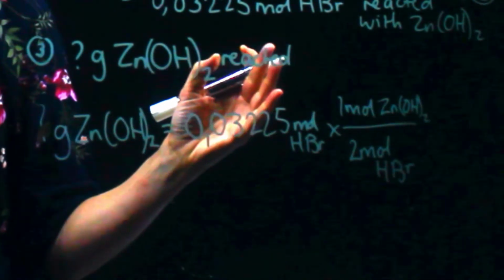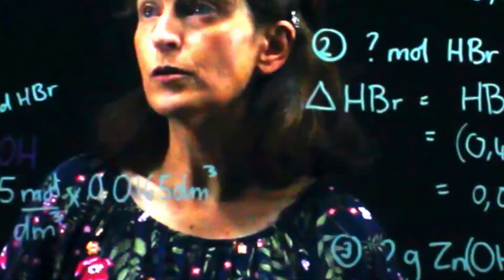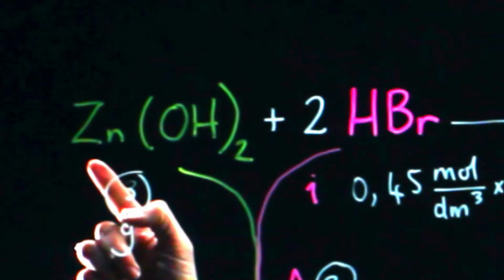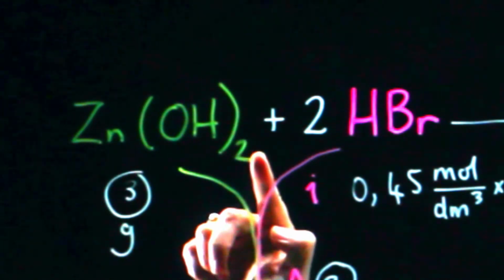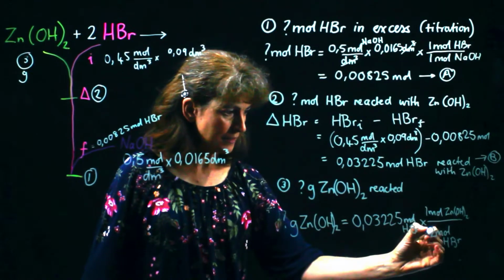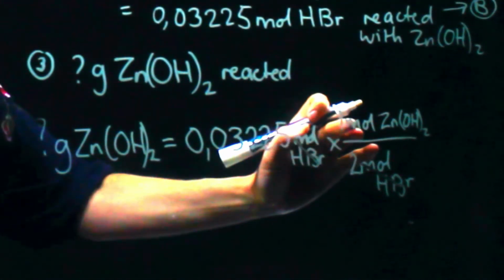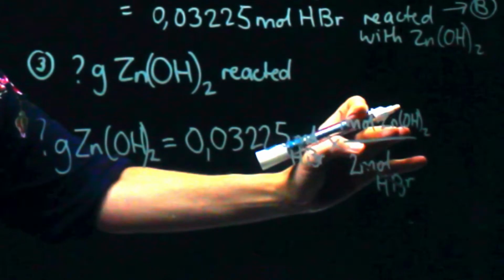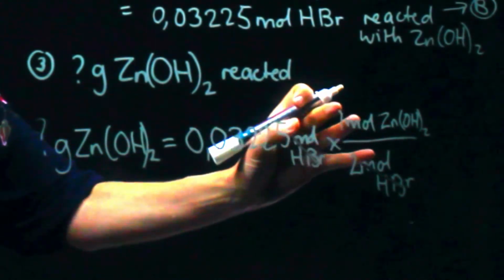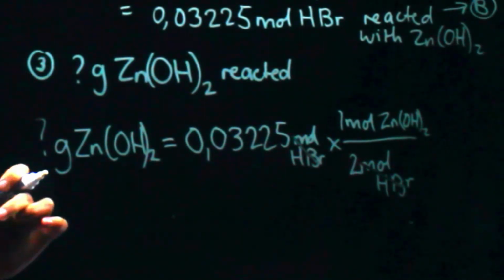You could obviously simply divide this value by 2, because we know that half as many moles of zinc hydroxide react as hydrogen bromide react. Now, notice that cancels away the moles HBr, but it gives us our answer in moles zinc hydroxide. This is how many moles zinc hydroxide reacted, but we asked what's the mass of zinc hydroxide that reacted.